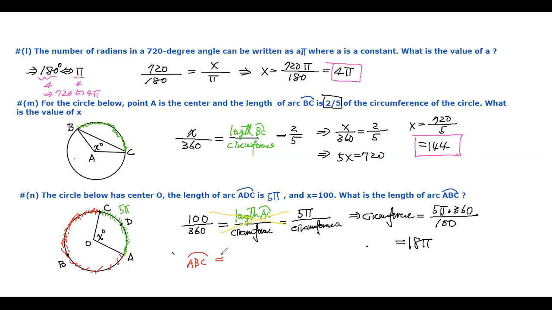Because the whole circumference is 18 pi, I need to minus the length of the arc AC, so minus 5 pi. What is the answer? It's 13 pi, right? So that's the answer here. All right, so that is the whole topic about the circle.